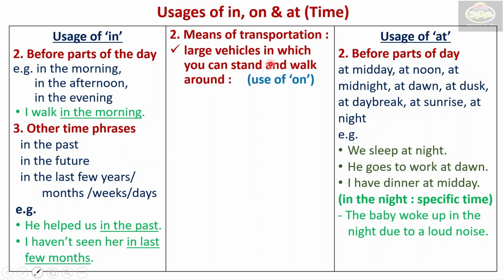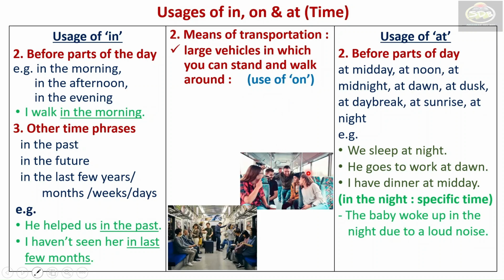And means of transportation. With means of transportation, we use on, in, as well as by. First of all, we are going to learn the situations in which we have to use on. We use on with large vehicles where there is sufficient space and in which we can stand and walk around. For example, buses, planes, trains, ships, where there is sufficient space and people can do so many things.